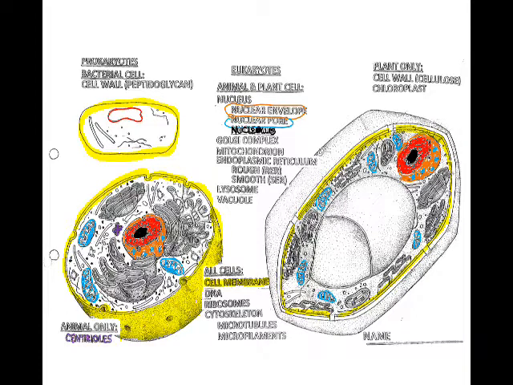And then these polka dots that are attached here to this membrane are also ribosomes. So we're going to color a few that are attached and a few that are free floating. Like I said, you don't have to color every single one, but color enough that we can see them.